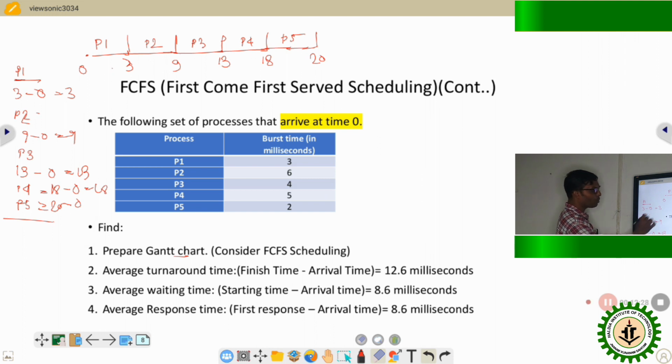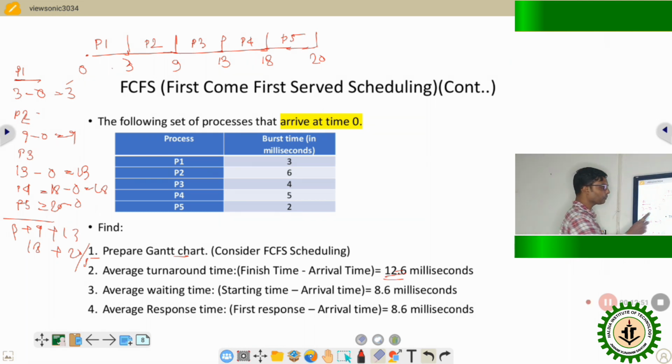So we add all those, 3 plus 9 plus 13 plus 18 plus 20, and divide by 5. We get an average turnaround time of 12.6 milliseconds.